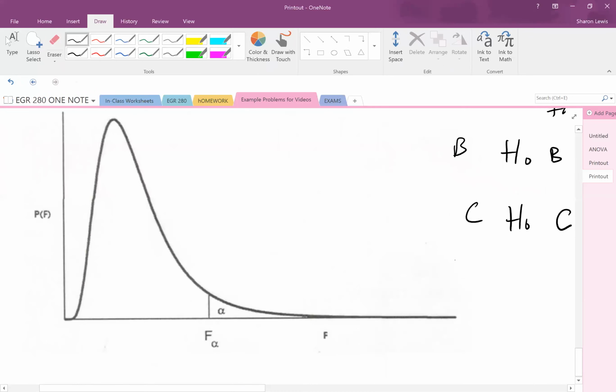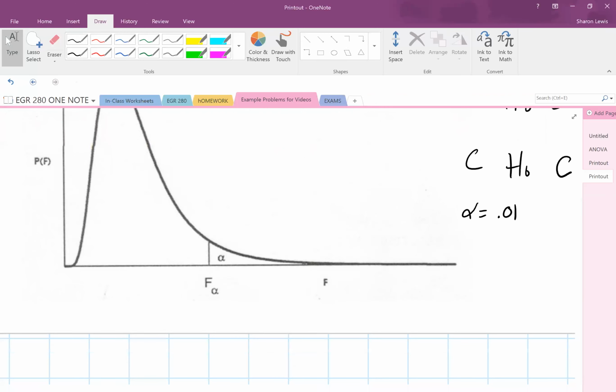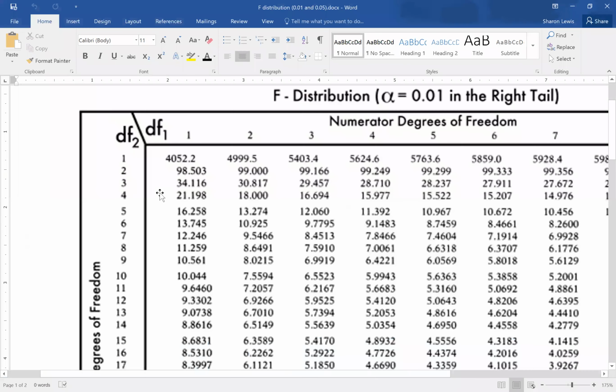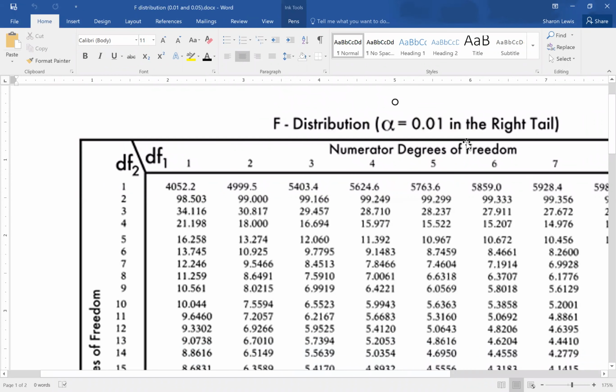So now we need to look up our critical F. So just for a change, I chose alpha is equal to 0.01. So we can look up and see what it is when we have a different alpha. So 0.01, and then we have degrees of freedom for the factor, degrees of freedom for the error. So we need F at alpha of 0.01, 1, and 8. So go to the F table. So this is the alpha equals 0.01 table.